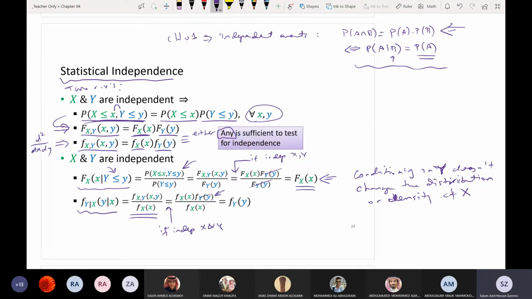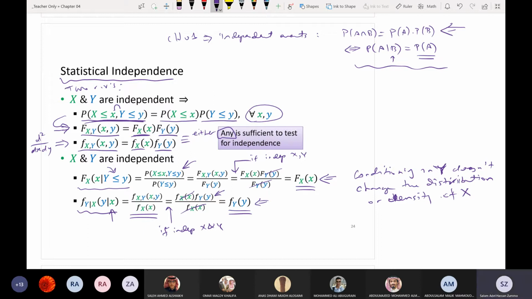Now, Fy cancels Fy, so the Fx of x cancels Fx of x, and you end up with Fy, which means that conditioning on x does not change the distribution of y. This is what this means.